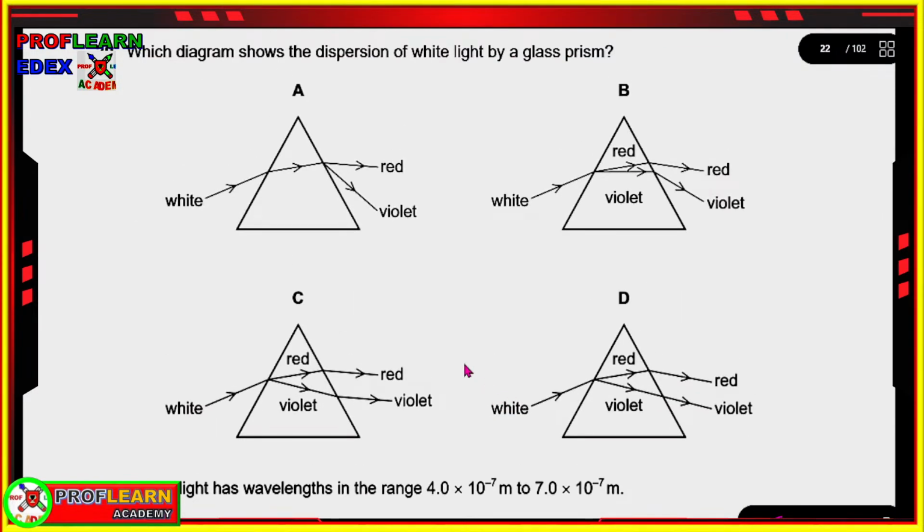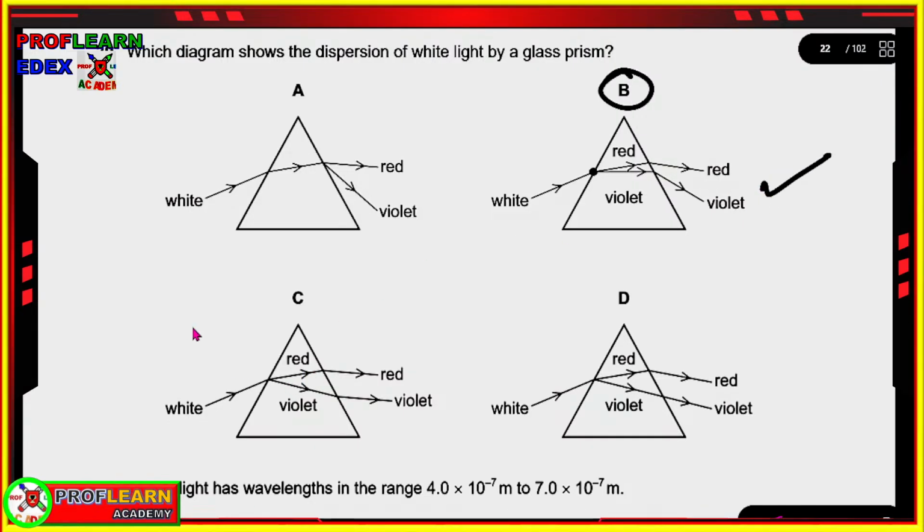Which diagram shows the dispersion of white light by passing through a glass prism? For question number 20, violet undergoes a larger refraction compared to the red. So the moment it reaches here, it undergoes more refraction, and that's exactly what's going to happen.